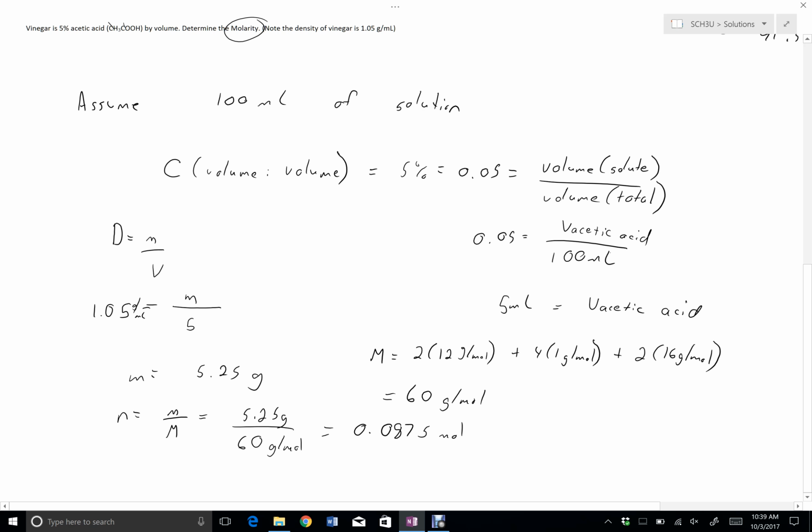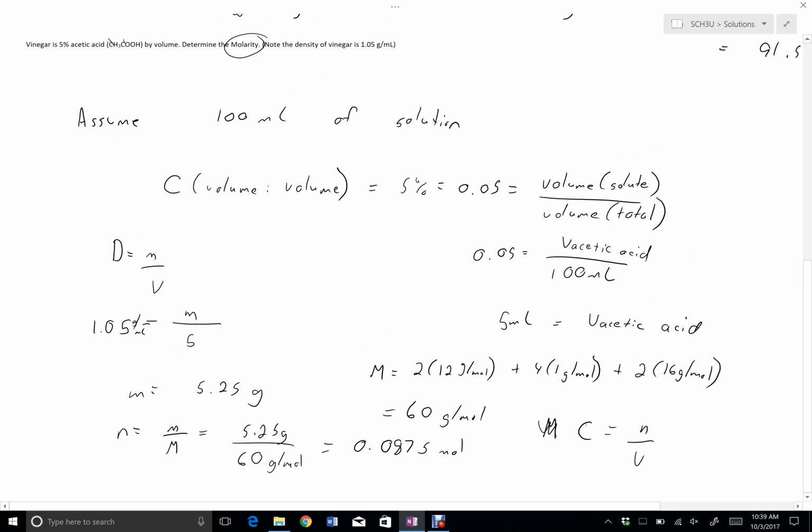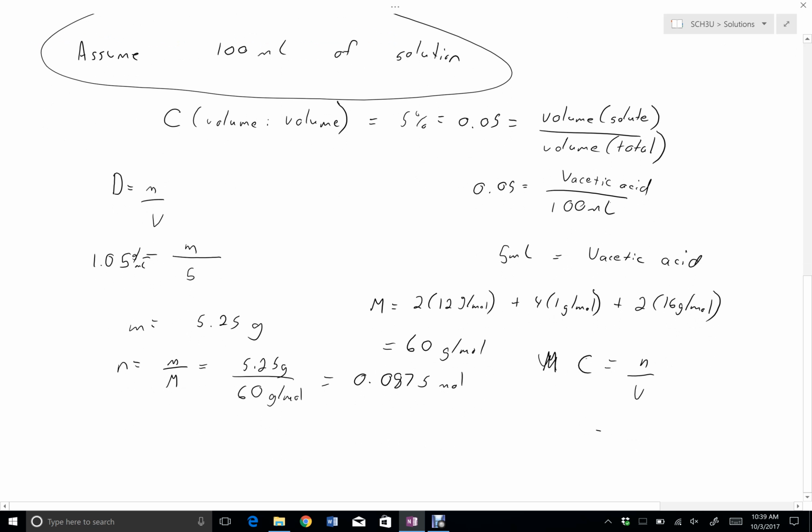Now that's how many moles of acetic acid I have. I've got to go back here and get my molarity, or my concentration in moles per volume. And here I'm going to go back and remember my original assumption that let me do all this, which is that I have 100 milliliters of solution. So my moles is 0.0875 as just calculated, but my volume is 0.1 liters. 100 milliliters is 0.1 liters.